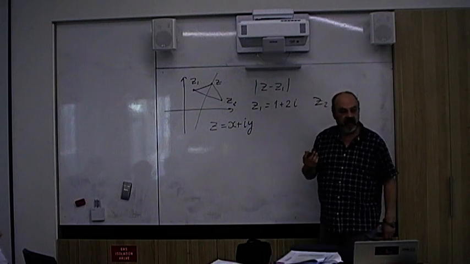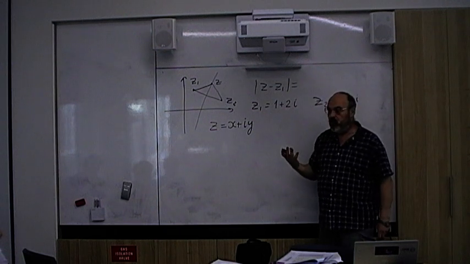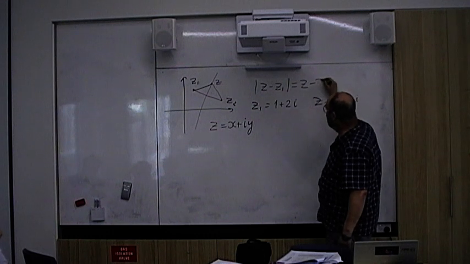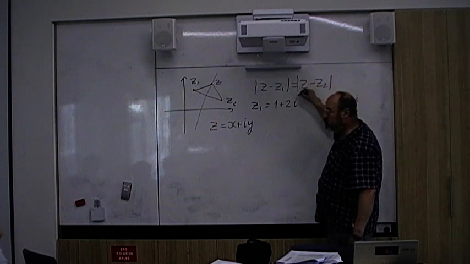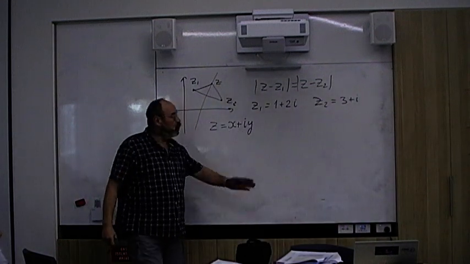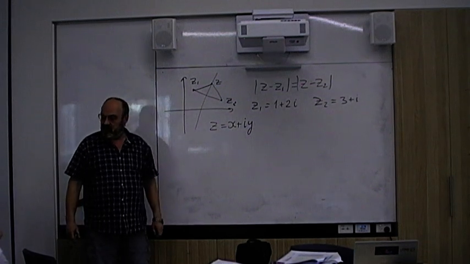We say equidistant, that means we find the locus of the point where modulus of Z minus Z1 equals modulus of Z minus Z2. That will be the perpendicular bisector, because all points on the perpendicular bisector are equidistant from Z1 and Z2.